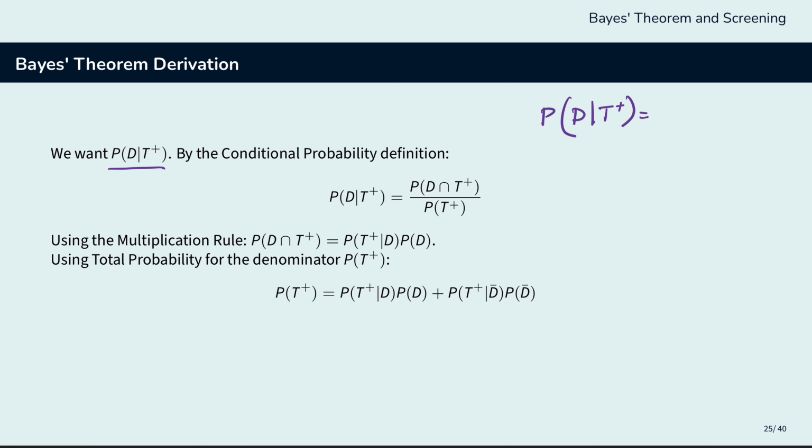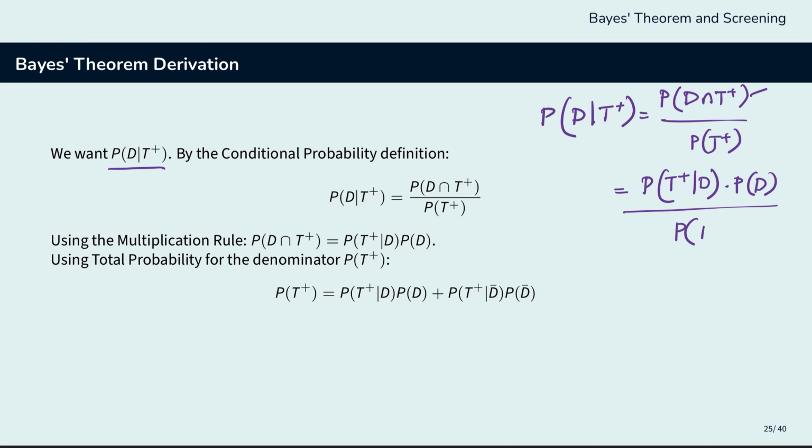This is written from the multiplication rule, which is P(D intersection T+) divided by P(T+). Now, P(D intersection T+) can also be written from the multiplication rule as P(T+ | D) times the probability of the disease, divided by the probability of T+.